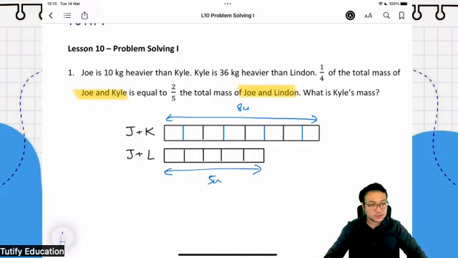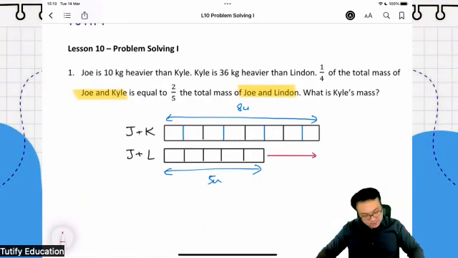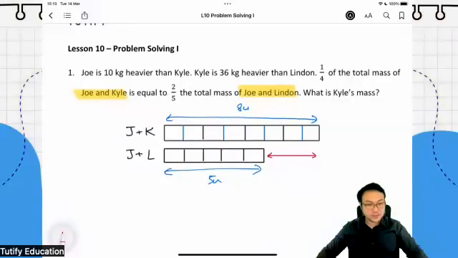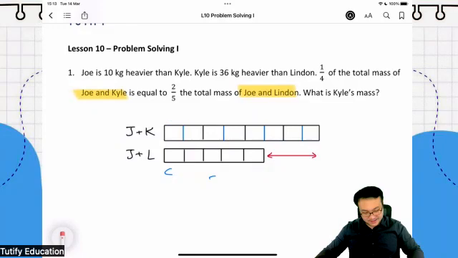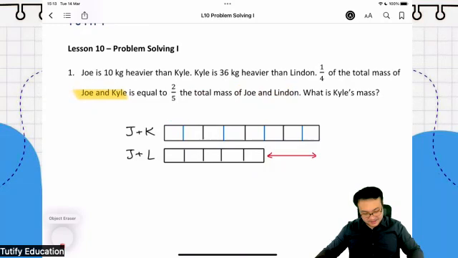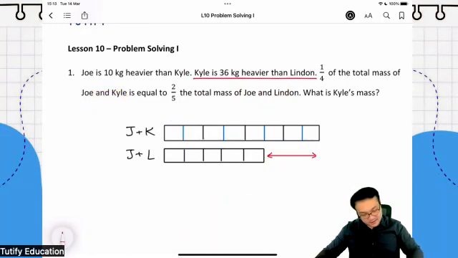So now my next question is, let me ask Yongjun. Okay, Yongjun, my next question is this. Do you know what is the difference between the two models? 3 units. Yes. How many kg? If you read this sentence here, what can you say? 3 units is 36 kg.